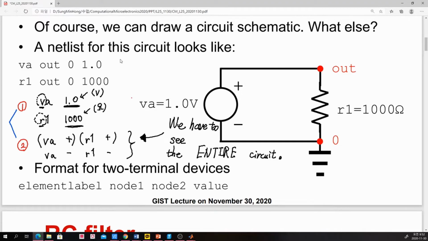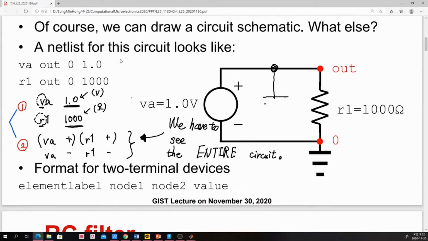I mean that since this is such a simple circuit, just specifying their connection is not that difficult. But how about this?